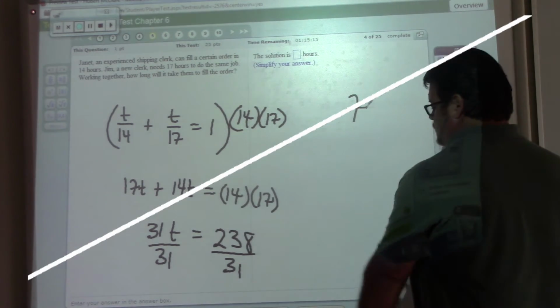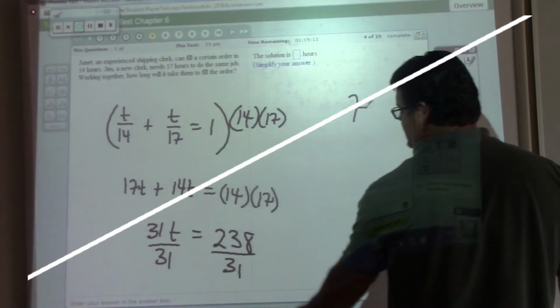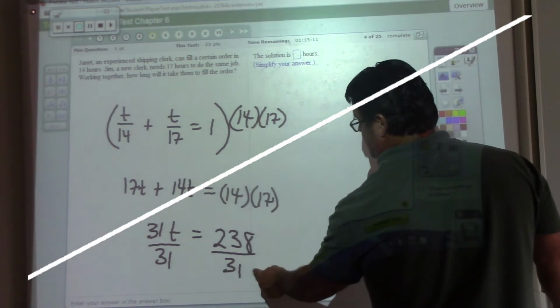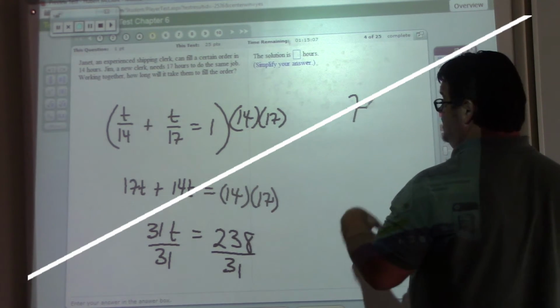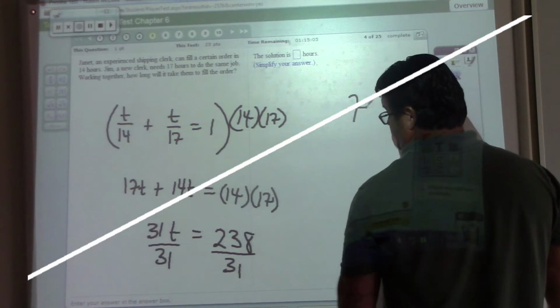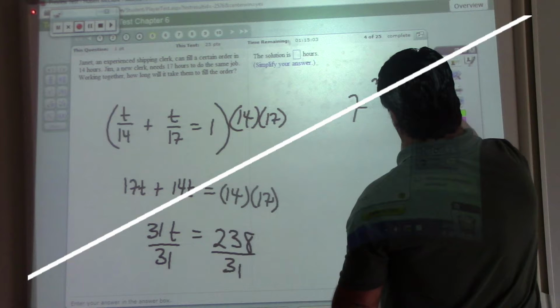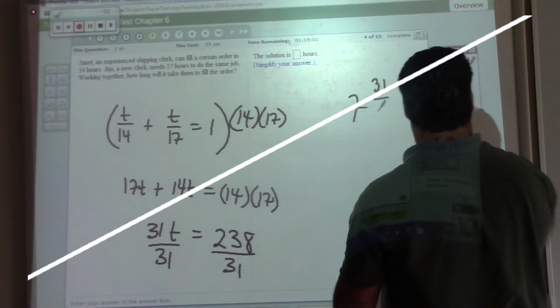7 times 31 is going to be 7 right here, and then 21, and 31 won't go into 21, so 21 over 31.